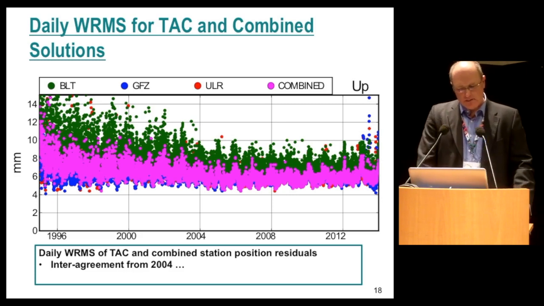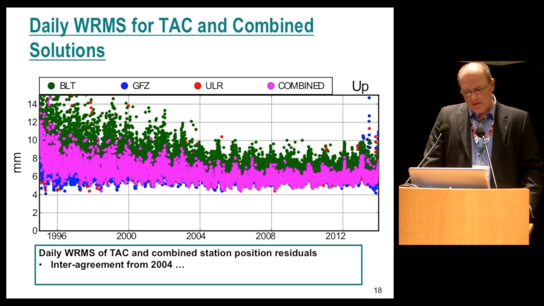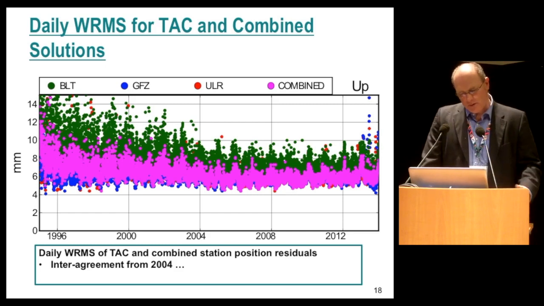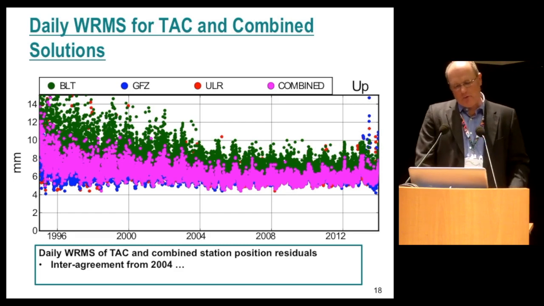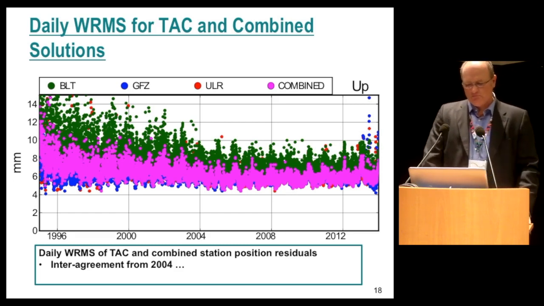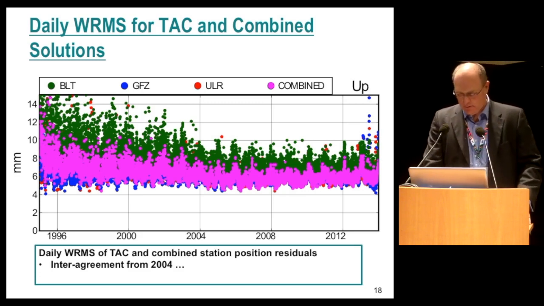Clearly the early days until about 2004 were rather noisy, but from 2004 onwards there was a very nice agreement between the two, maybe with the BLT solution being slightly noisier. But we're having an overall level of about 5 to, let's say, 7, 8 millimeters RMS in the vertical component.